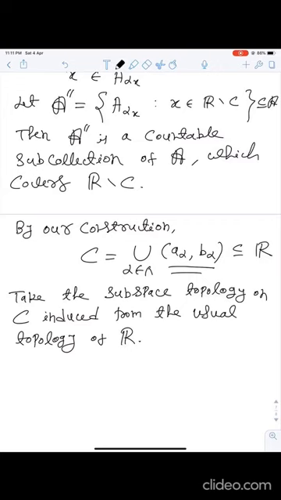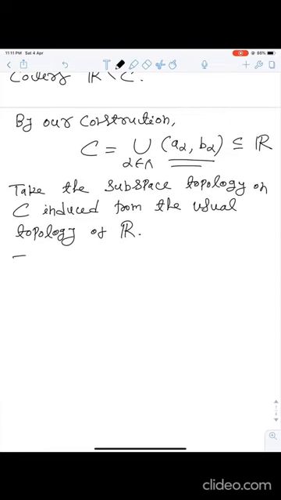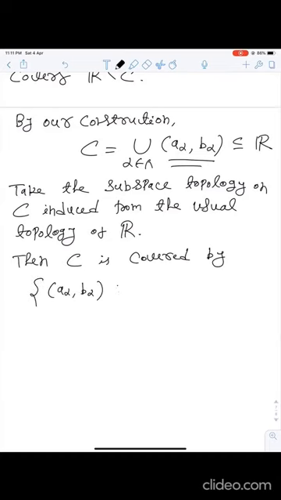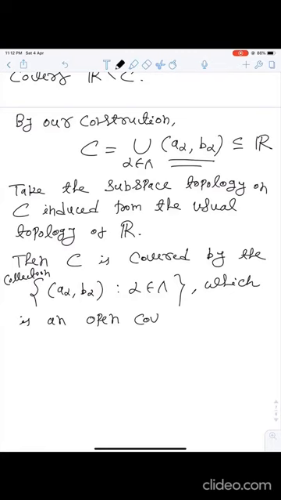So we consider R with the usual topology and we take the subspace topology on C. Then C is covered by this kind of open set, (A alpha, B alpha), alpha belonging to lambda, the collection, which is an open cover in the usual topology of R.